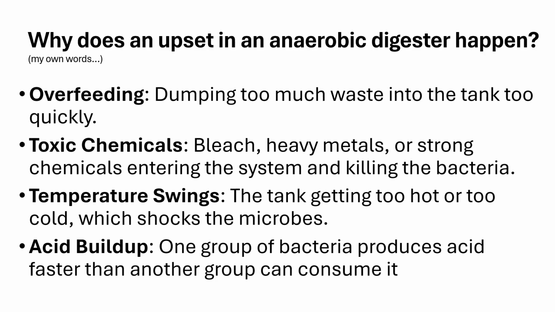We're going to have an acidic environment form. We're going to go lower than that 7 to 7.2 pH range we want. We're creating an upset stomach, an acid reflux, if you will, in our digester.